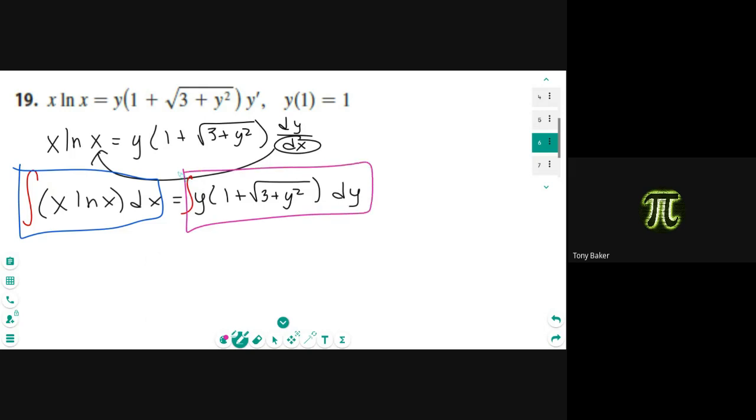Make that purple. Actually, it should be blue. I got it.